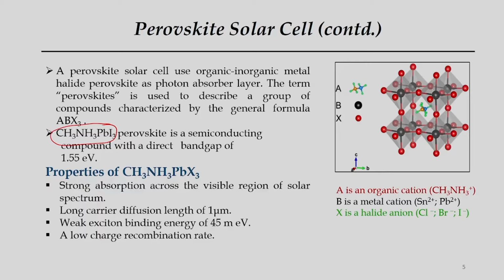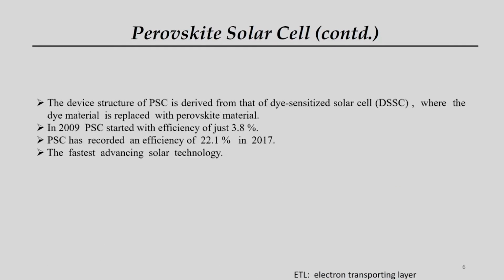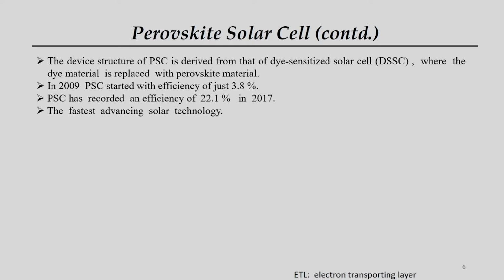It has a long carrier diffusion length of 1 micron, a weak exciton binding energy of 45 milli electron volt, and a low surface recombination rate. The device structure of PSC, that is perovskite solar cell, is derived from the dye-sensitized solar cell, abbreviated as DSSC, where the dye material is replaced with perovskite material.